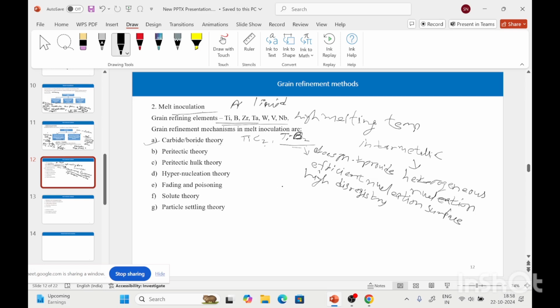As we can see in the incoherent or coherent boundaries, the titanium boride is incoherent with the aluminium nucleus.